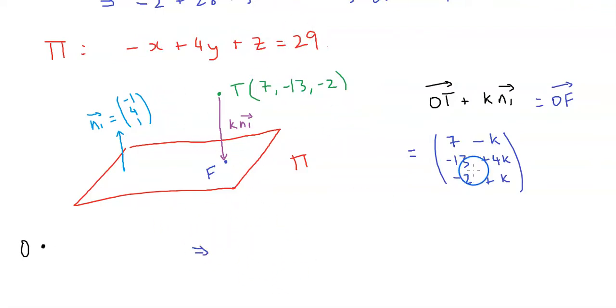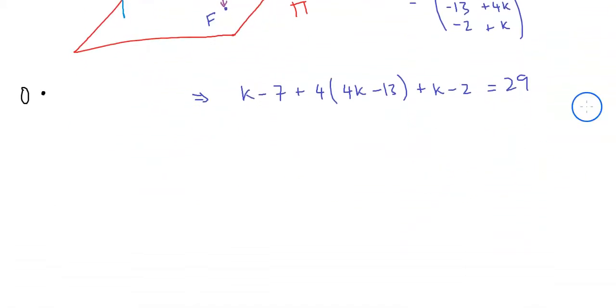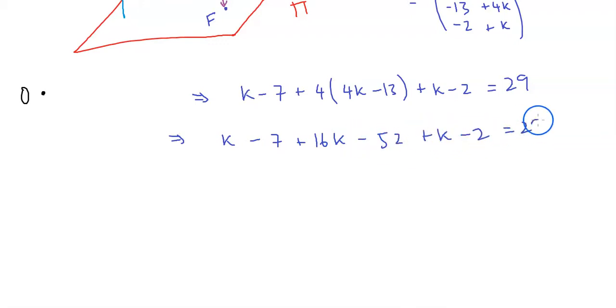So we have that negative of (7 minus k), so that will be k minus 7, plus 4 times (4k minus 13), plus z, so that would just be plus k minus 2. That's equal to 29. So we have, well, k minus 7 plus 16k minus 52 plus k minus 2 equals 29.